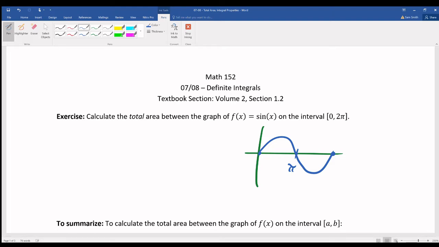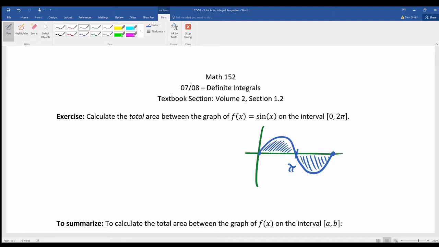Now the difference between total area and net area is that net area treated regions under the x-axis as if they had negative area, whereas total area treats both of these regions as contributing positively to the sum total of the area.